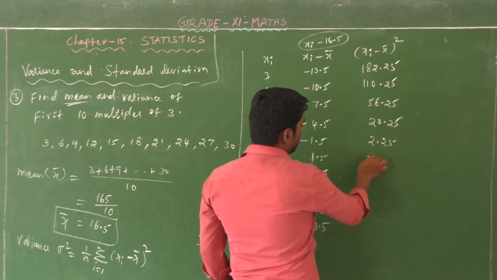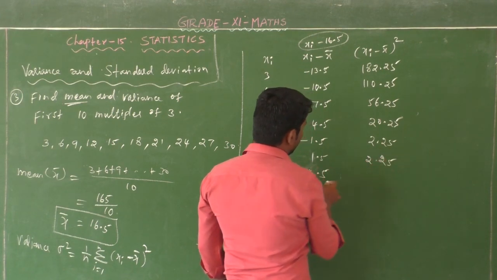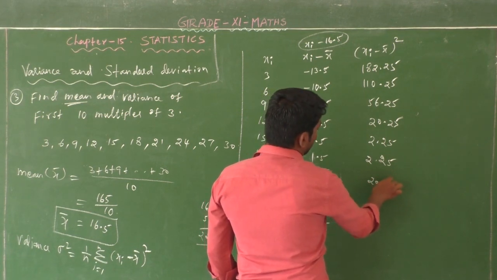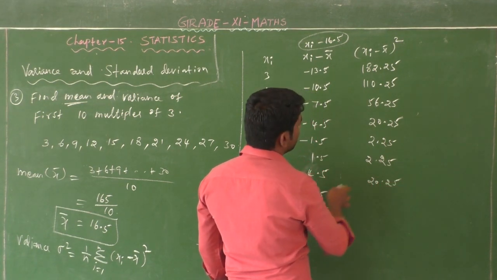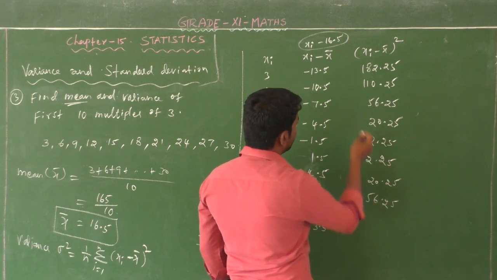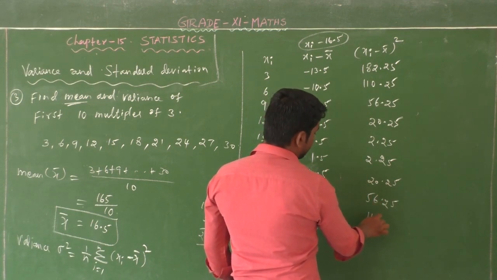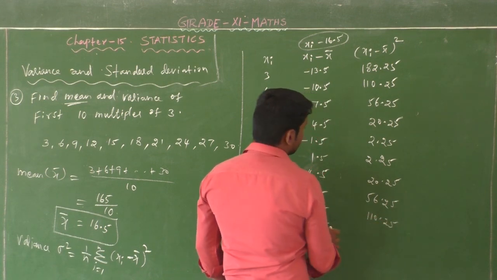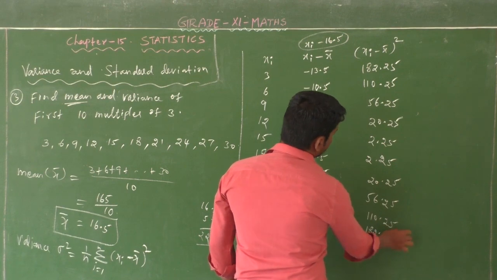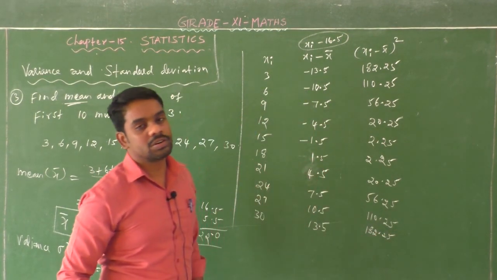Same 1.5, 2.25. 4.5 the whole square is 20.25. 7.5 the whole square is the same, 56.25. 10.5 the whole square is 110.25. And 13.5 the whole square is 182.25. This is xi minus x bar the whole square.